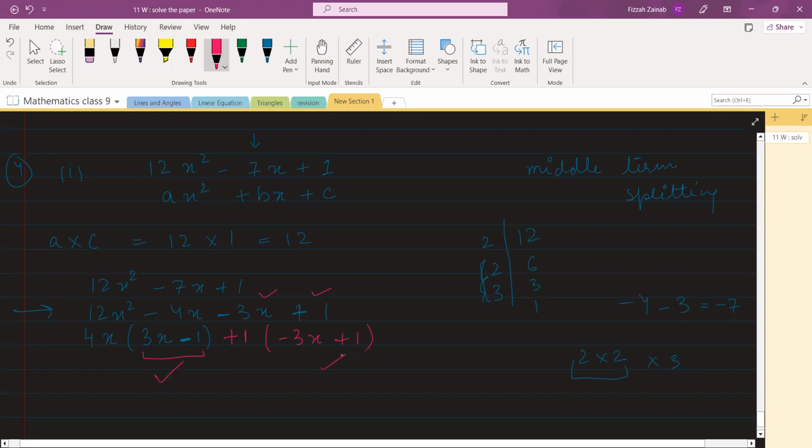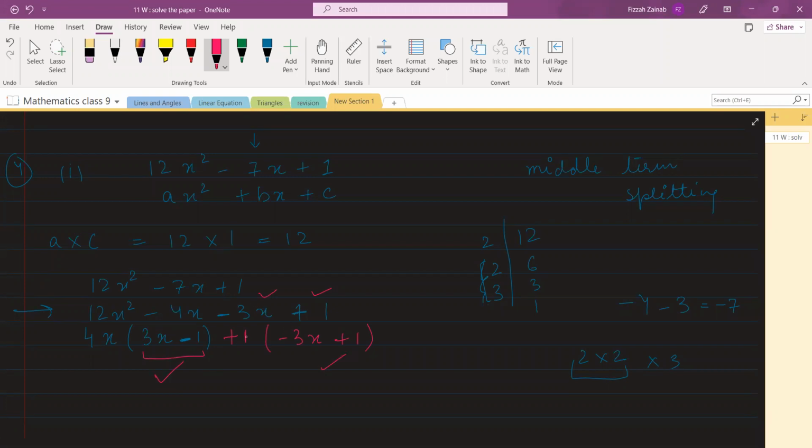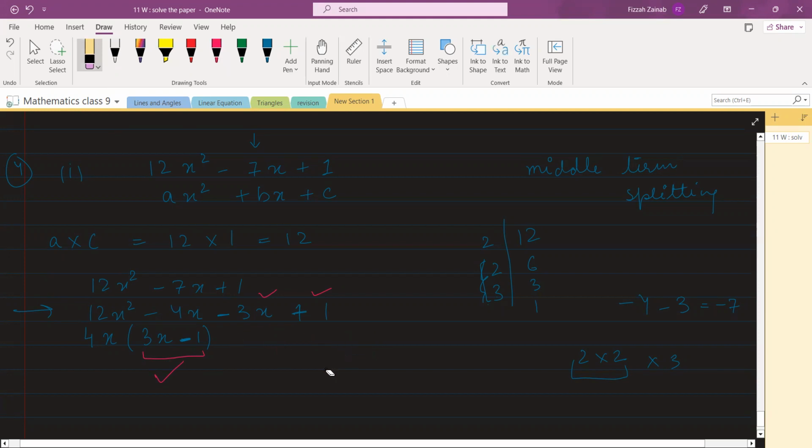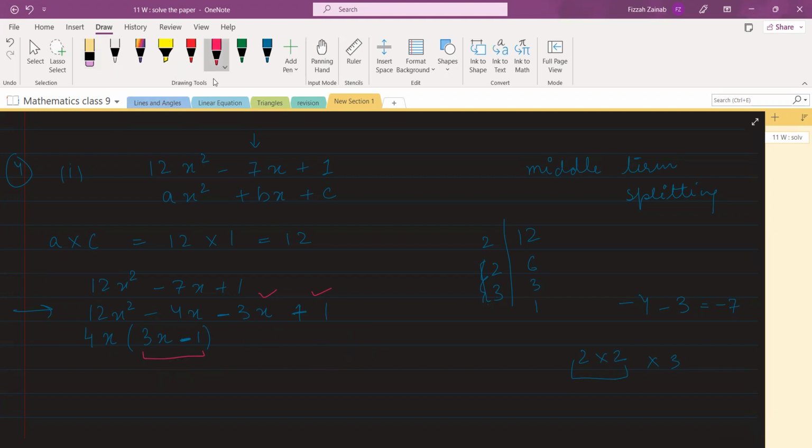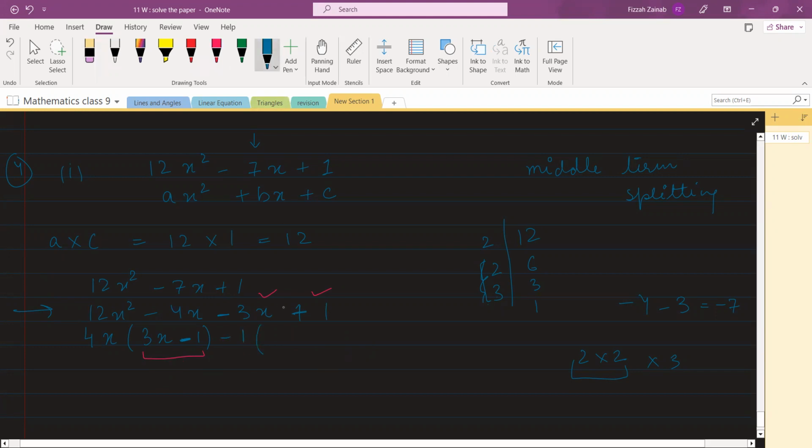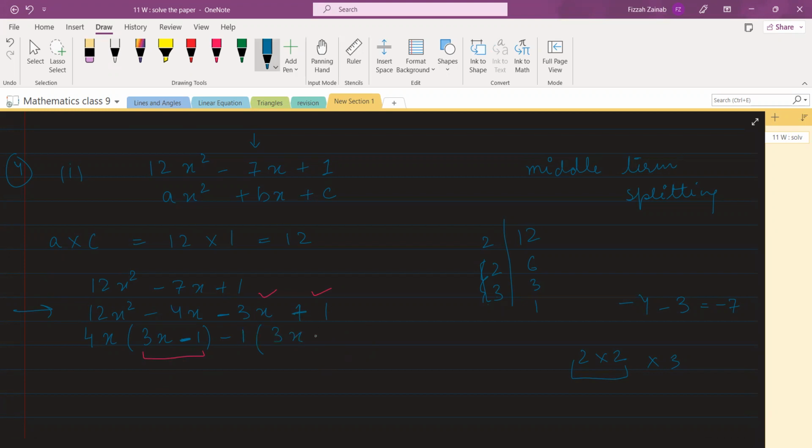So I take minus of 1 outside, not the plus 1. Then this minus of 3x will become plus of 3x and plus of 1 will become minus of 1. So the sign of all the terms will now change. Clear?